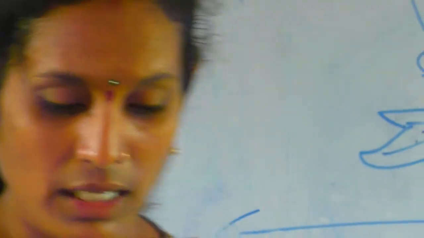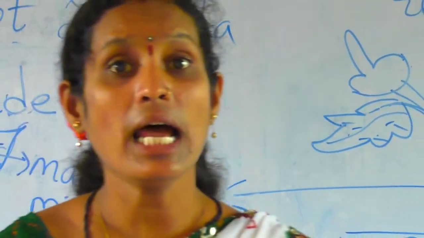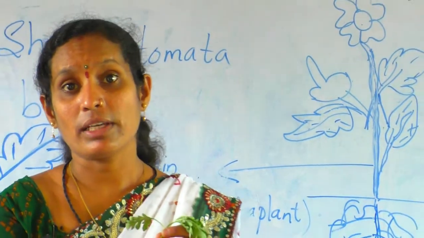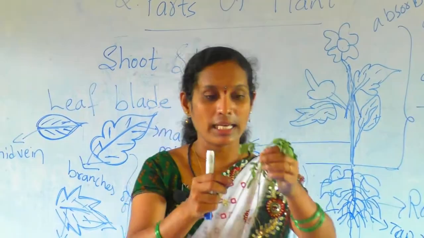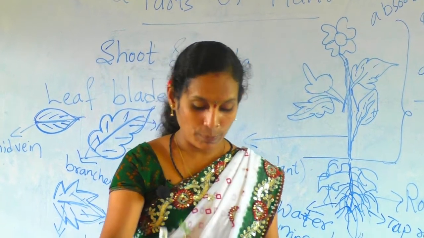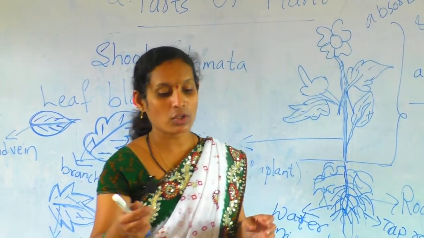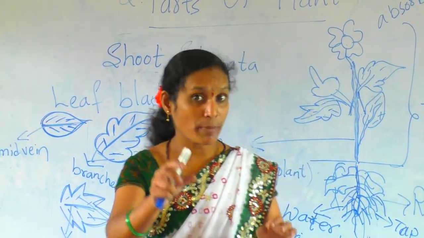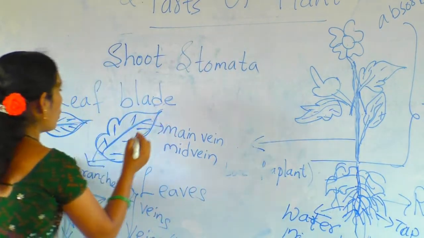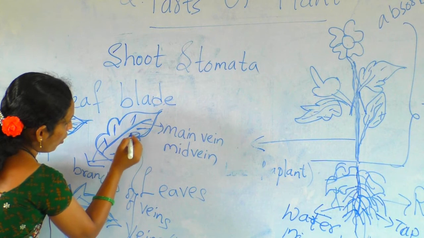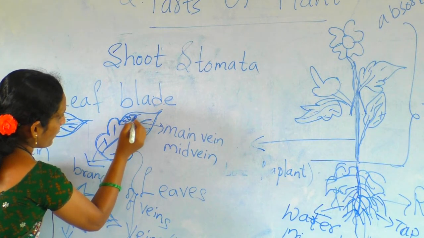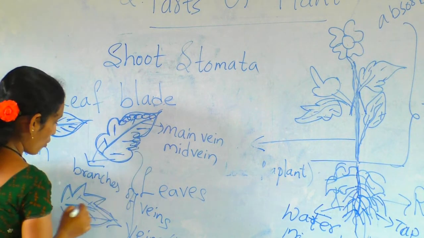The stomata are used to absorb what you are observing? Carbon dioxide. The stomata will absorb the carbon dioxide. Understood? Plants take in carbon dioxide and give out oxygen through these holes. The stomata part has some small holes on the downside, like this.